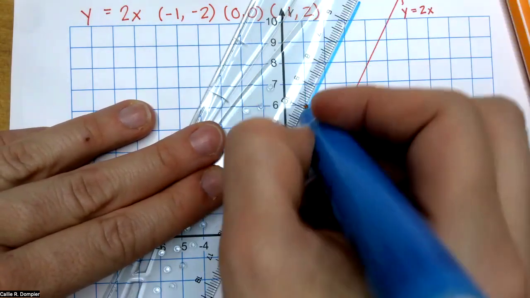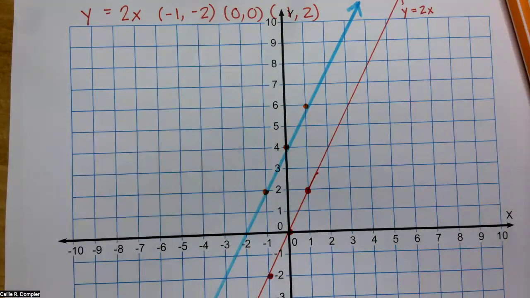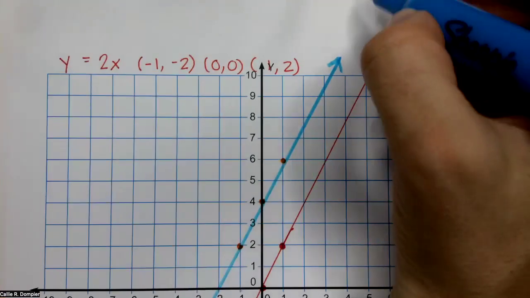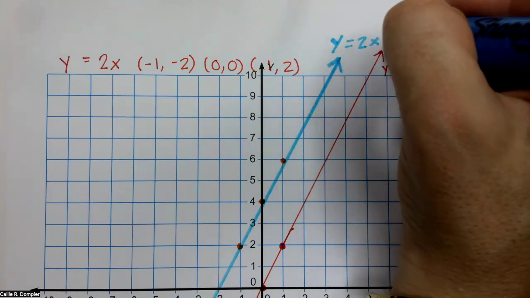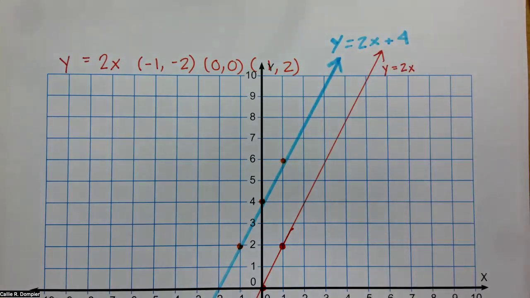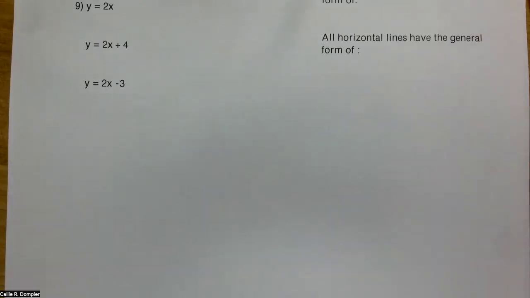Still time to change. So that's going to be the graph of y equals 2x plus 4. Good. All right, and the next one is y equals 2x minus 3.